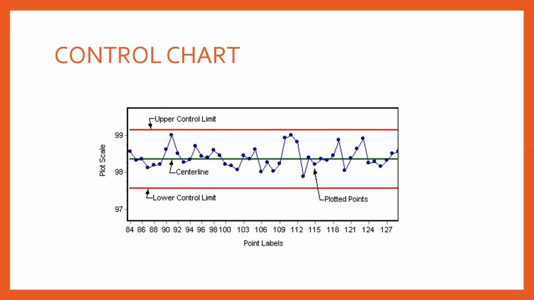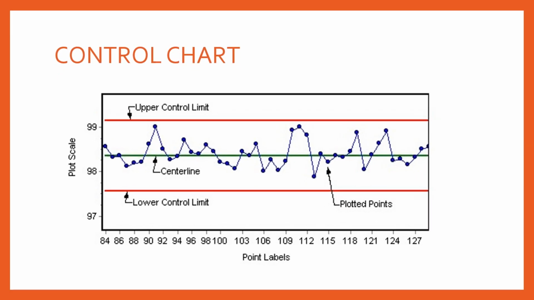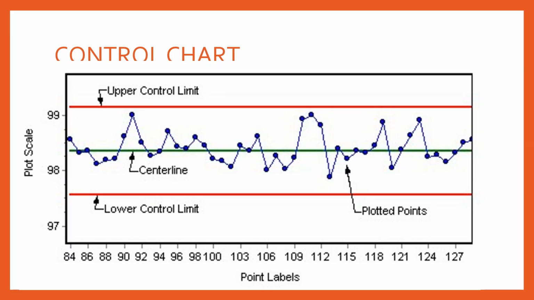So students, I feel you can understand the meaning of the control chart, wherein the upper control limit is there, and there is a central line, and then the different plotting points are there, and there is also a lower control limit. Point levels are there, and there is also the scale through which it has been prepared.